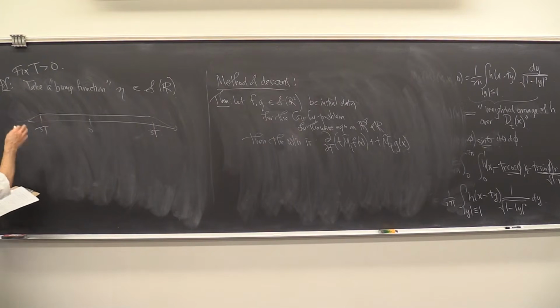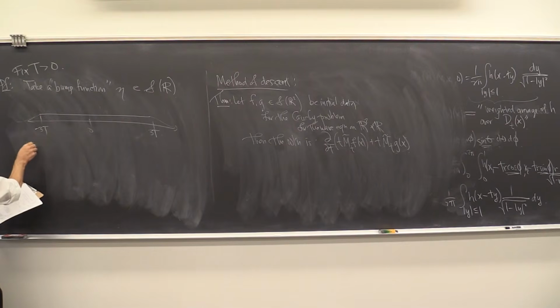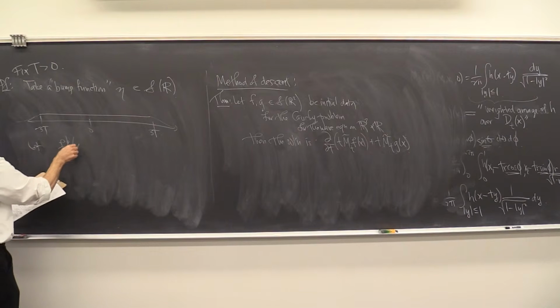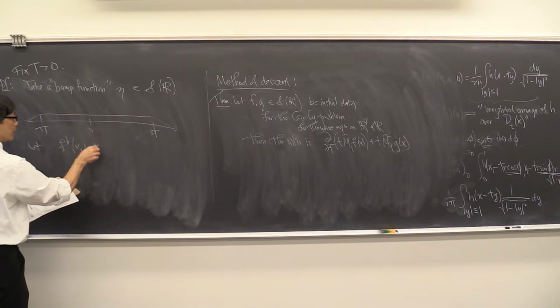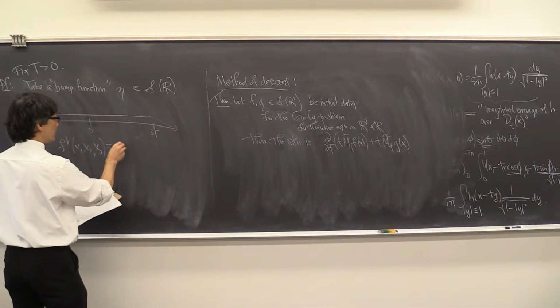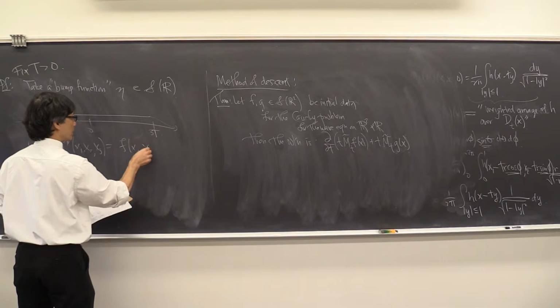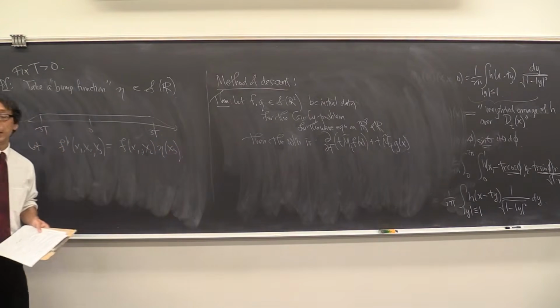Now we go from the two-dimensional problem to the three-dimensional problem by letting f flat of (x1, x2, x3) be just f at (x1, x2) times the bump function at x3, right?